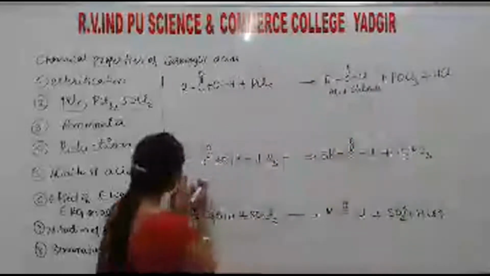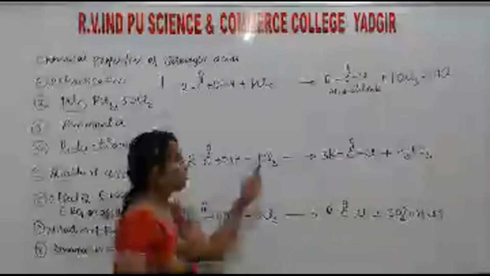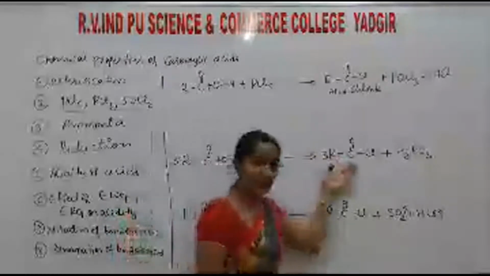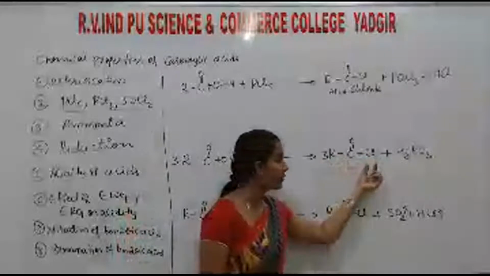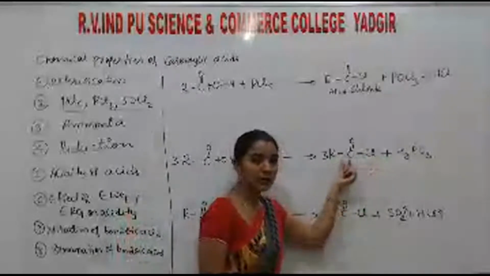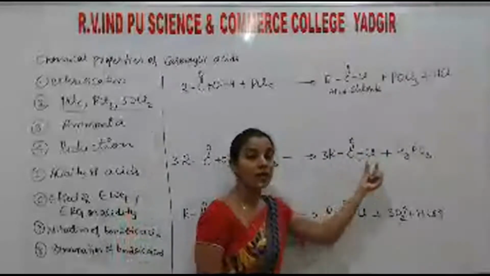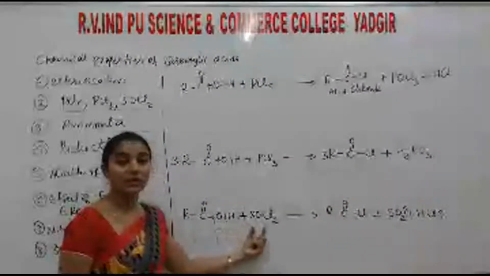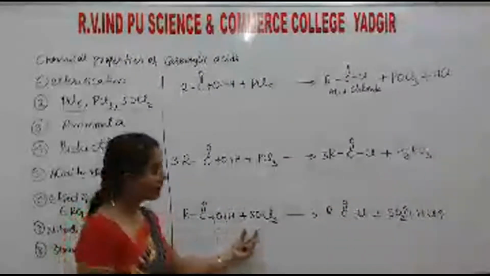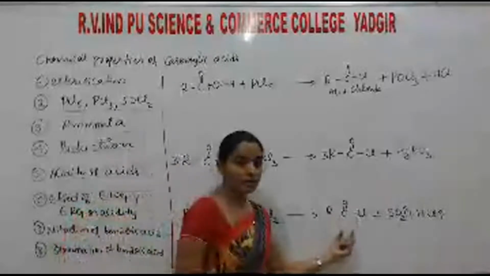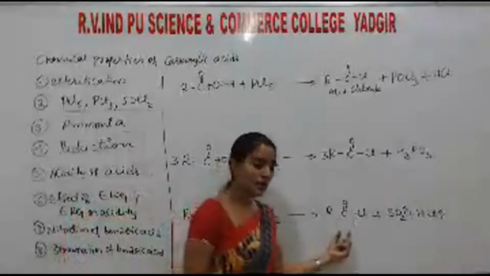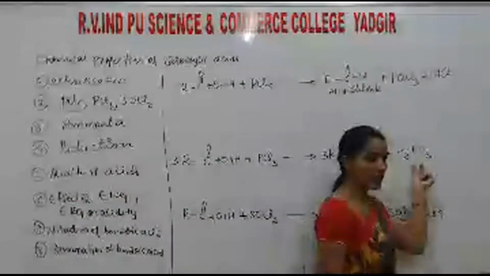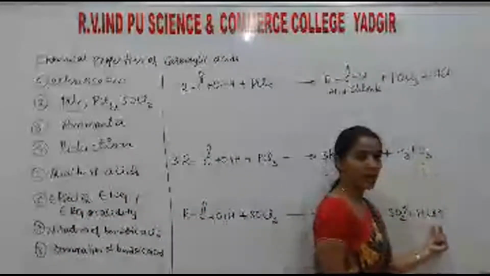When the carboxylic acid reacts with phosphorus trichloride, they form again acid chlorides. Remember, here Cl is there, so we have to write acid chlorides. Next, when carboxylic acid reacts with thionyl chloride, then also they form acid chlorides and SO2 and HCl. This is phosphorous acid. This is sulfur dioxide and HCl.